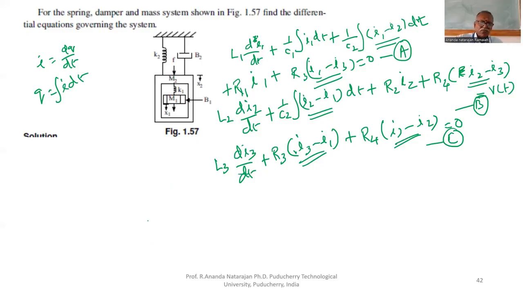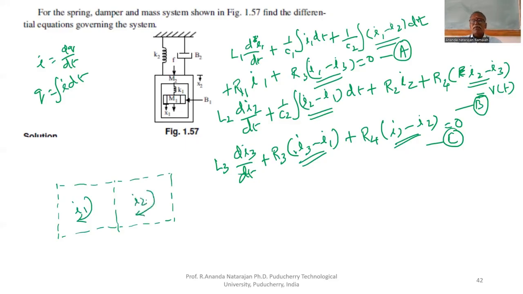But anyhow, if you see that first loop and the second loop are adjacent, no problem. That we have already seen. This is I1. This is I2. No problem. I1 minus I2 you will get automatically. We need I1 minus I3. Therefore, it should be adjacent to the first loop as well as the second loop.